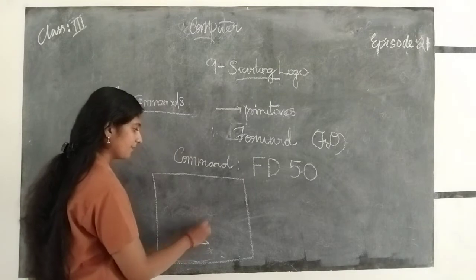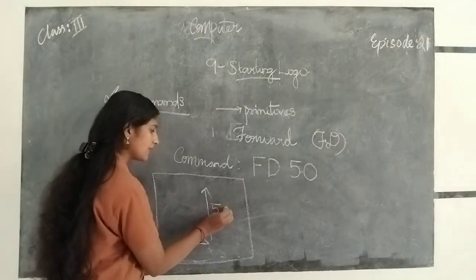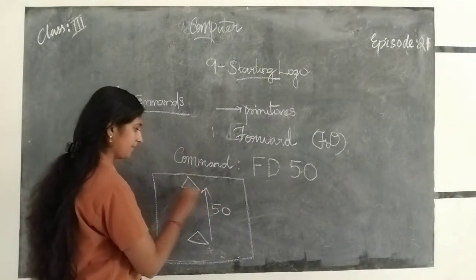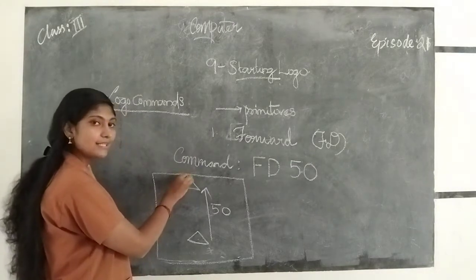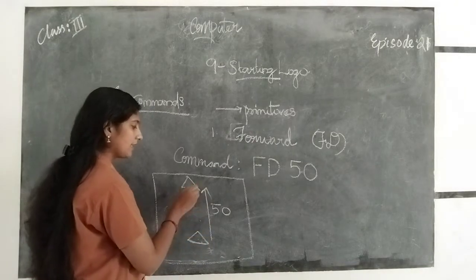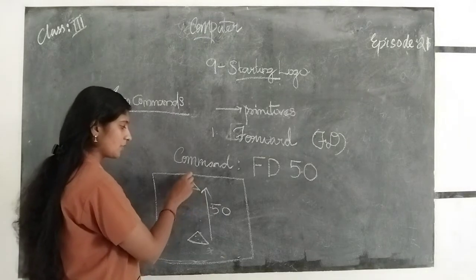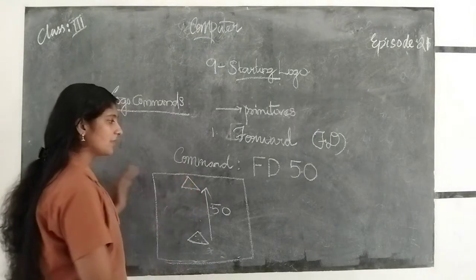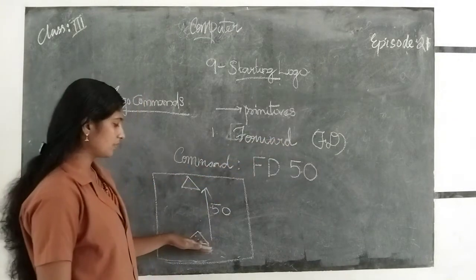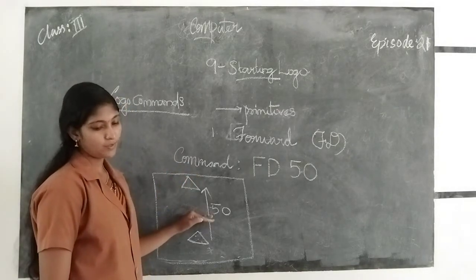The turtle moves upward by 50 steps and reaches here, and this portion is known as head. So the turtle moves toward the top of the screen. So forward command is used to move in the forward direction by the required number of steps.